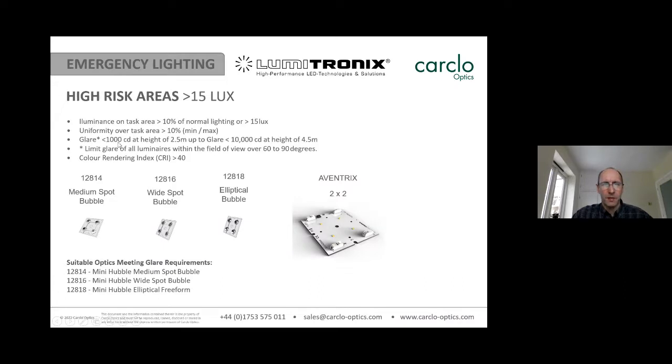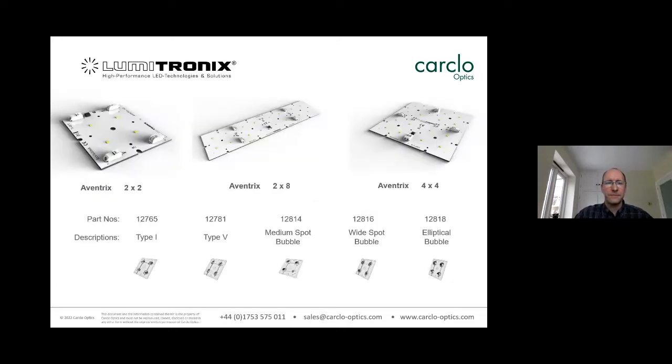So what we've done is we've actually looked at the glare, and we've come up with three optics that would actually hit the requirements for that. The lux level obviously would be dependent on the environment it's going into, how many fixtures you're using, and also how hard you're driving those fixtures. Here we have the different Eventrix configurations and the optics that would fit with them for emergency lighting type applications.